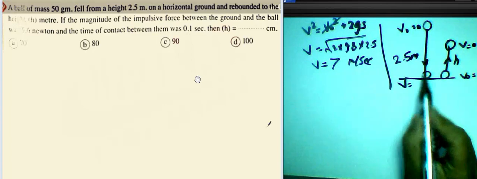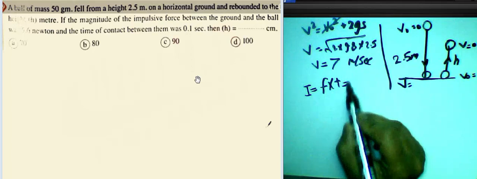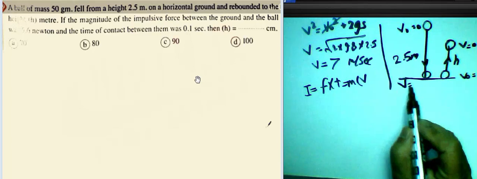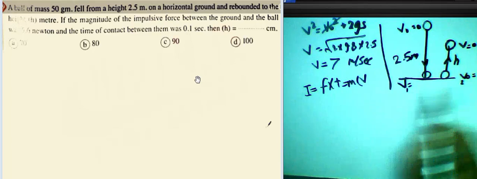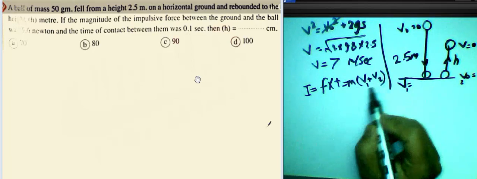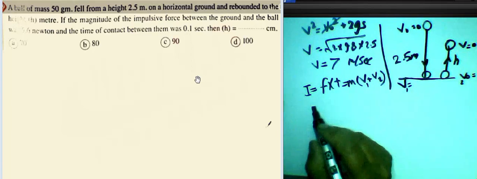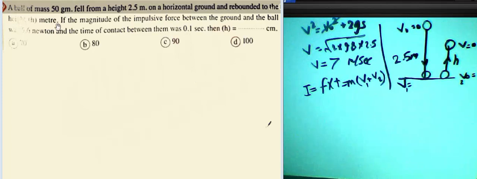Okay, we can use this information about the impulse. Impulse equals F multiplied by T, which equals m multiplied by V1 plus V2. The direction changes, so it will be positive V1 plus V2 because we changed the direction on rebounding. Then he gives us the impulsive force here, which was 5.6 Newton.